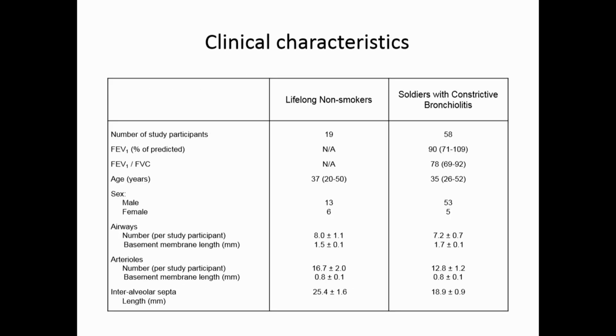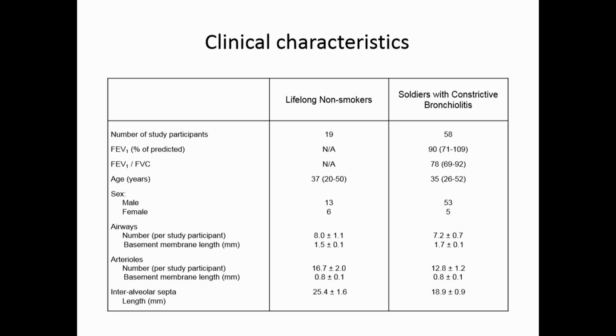Okay, so this describes the clinical characteristics of the subjects that we evaluated here. We have 19 lifelong non-smokers that we had explanted lung tissue from. Their average age is 37. You can see that there are proportionally more females here than in the soldiers with constrictive bronchiolitis.